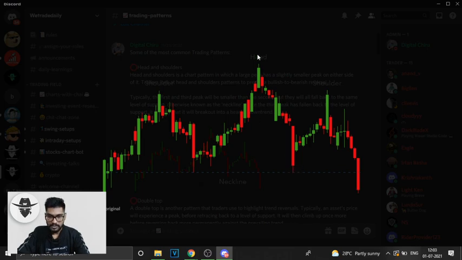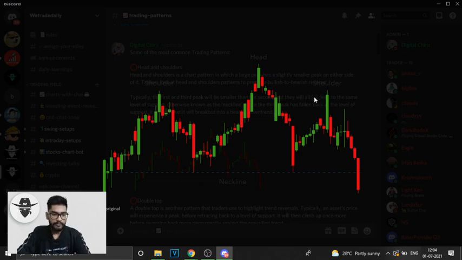The second high is higher than the previous high, and that is a point to consider. Then the third high the market makes is equal to the first high. So the first and third highs look almost equal, and only the second high looks much higher. This becomes your head, that becomes your left shoulder, and that becomes your right shoulder.